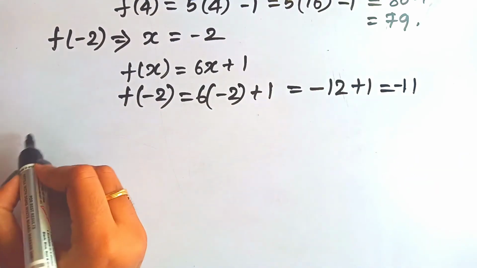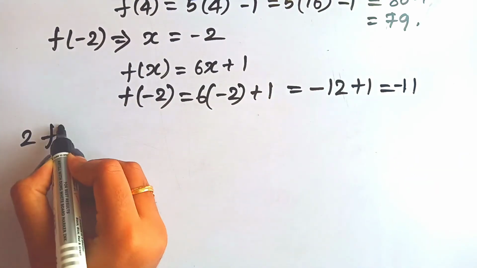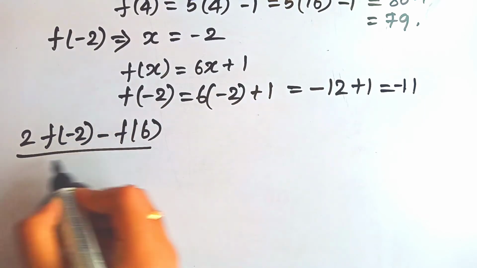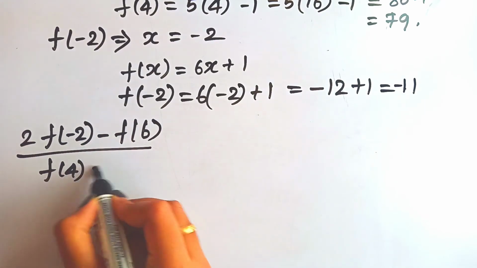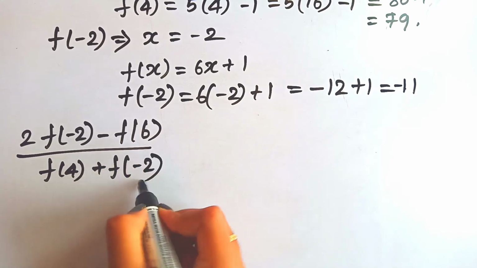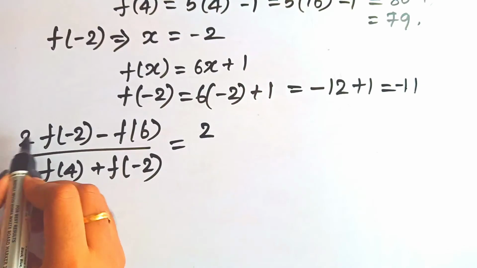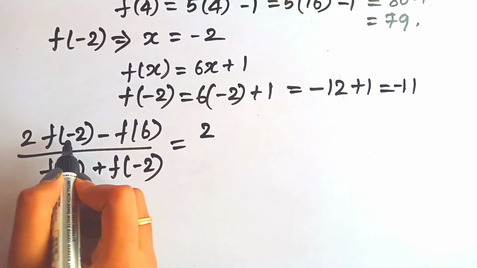So our question is 2 into f of minus 2 minus f of 6 divided by f of 4 plus f of minus 2. So here there is a 2, so we'll add 2 into f of minus 2.